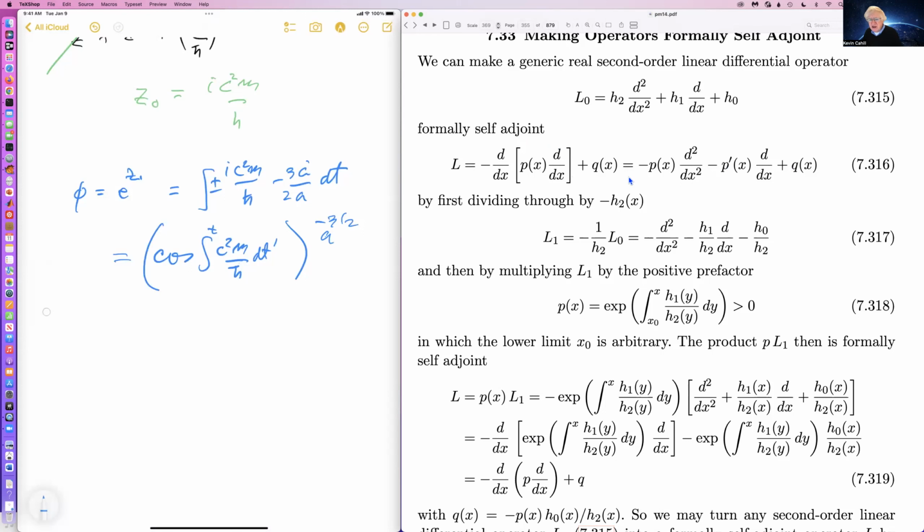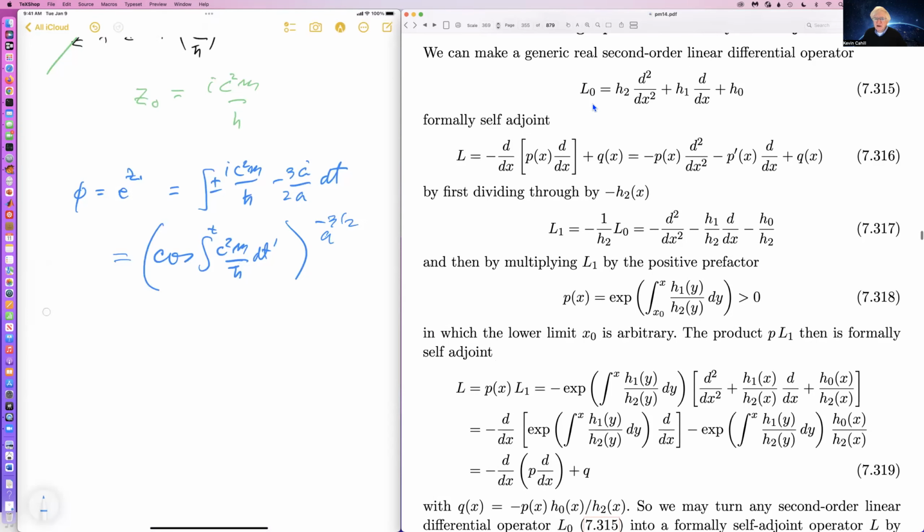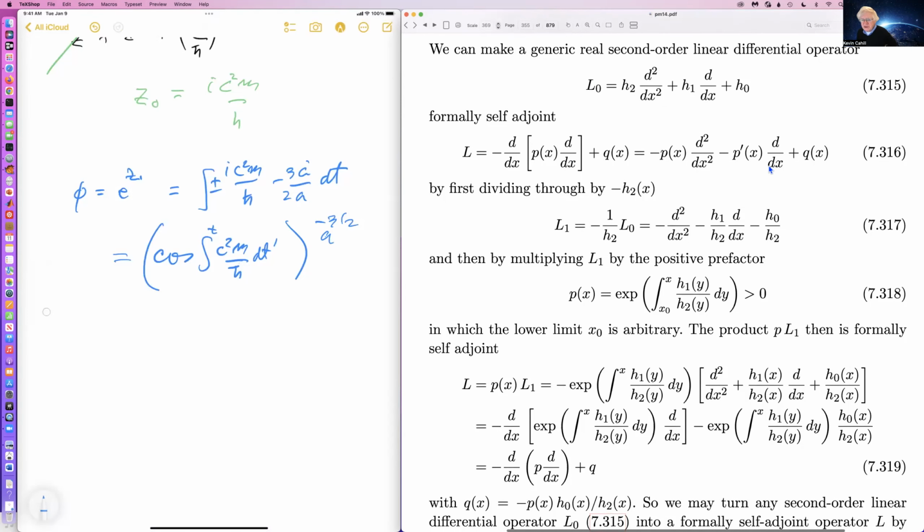And so to change that into self-adjoint form, if you start with L0 and you want to make it into the same form as L, the first thing you do is divide out the term that you don't want to be there, in other words, the term that multiplies d2 dx squared.